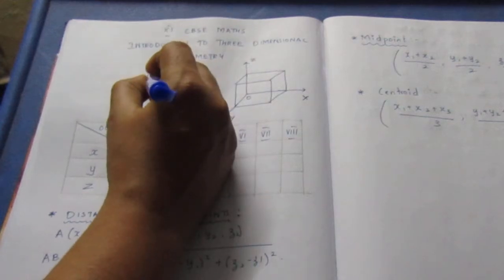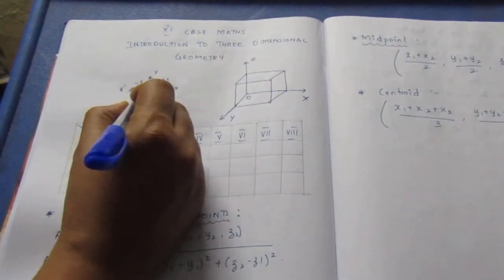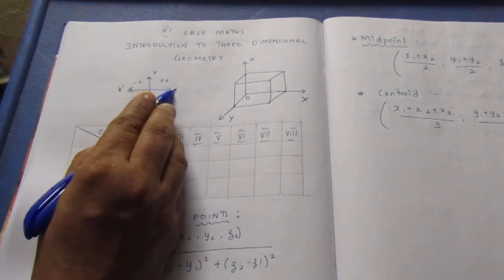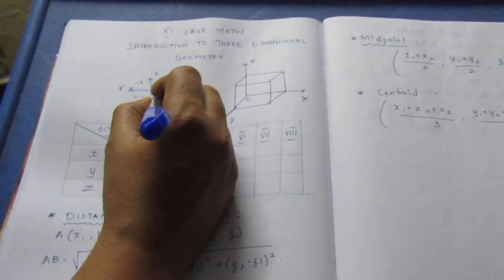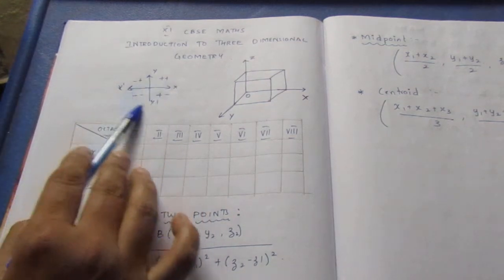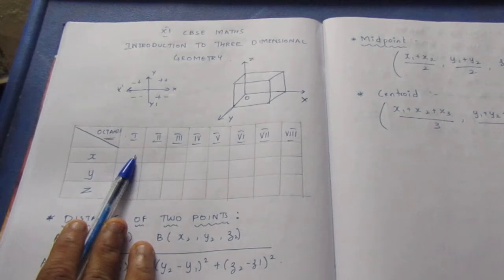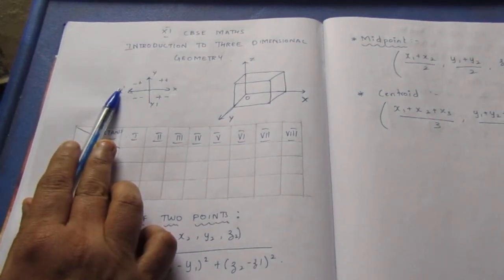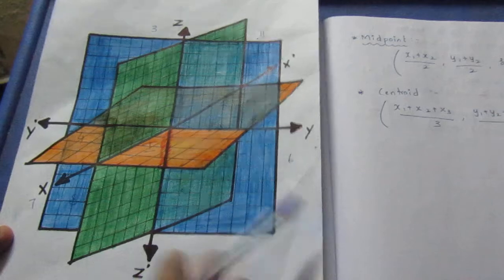Here it is negative and negative. The x dash and y dash are negative, and x and y will be positive. This way we divide the quadrants, and the same way we need to divide the octants.